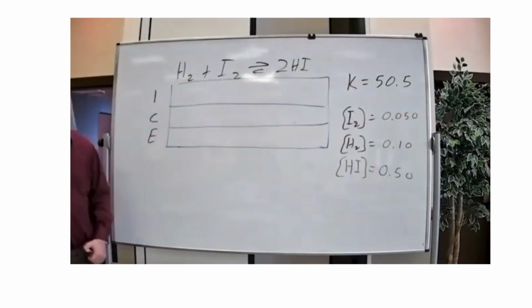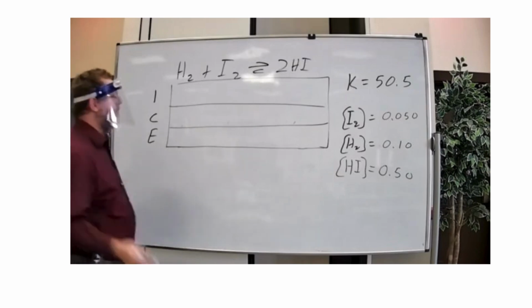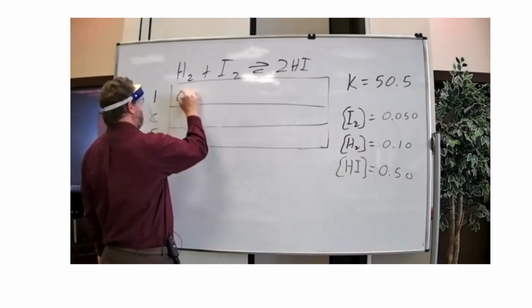Let's put some values in here. So I have the HI is 0.5, the H2 is 0.1, and the I2 is 0.05. Okay, now that's easy enough. I can put my initial concentrations in here.